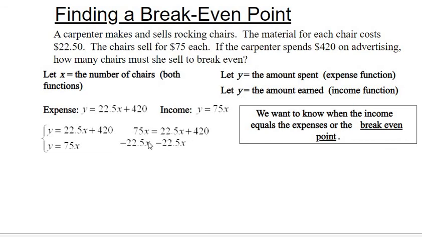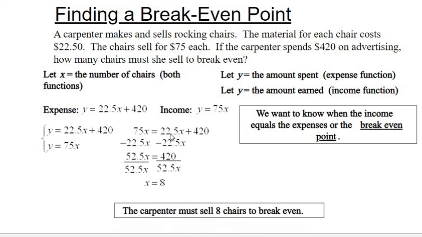Now I subtract because I want to regroup: 75x minus 22.5x is 52.5x, and dividing gives x equals 8.